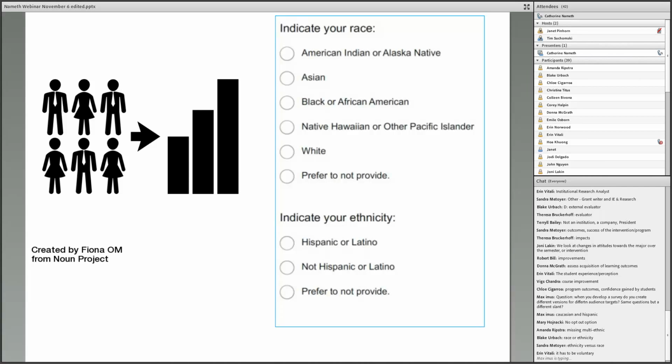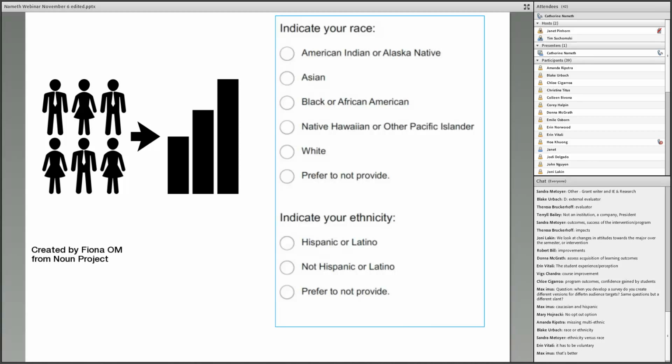So this question, I worked backwards from it. I looked at the federal requirement. I looked at the chart that I need to provide information for the federal government once a year. And then I worked backwards in order to create this survey for our center members, so that I would have correctly categorized information for the report and also for our accountability here.